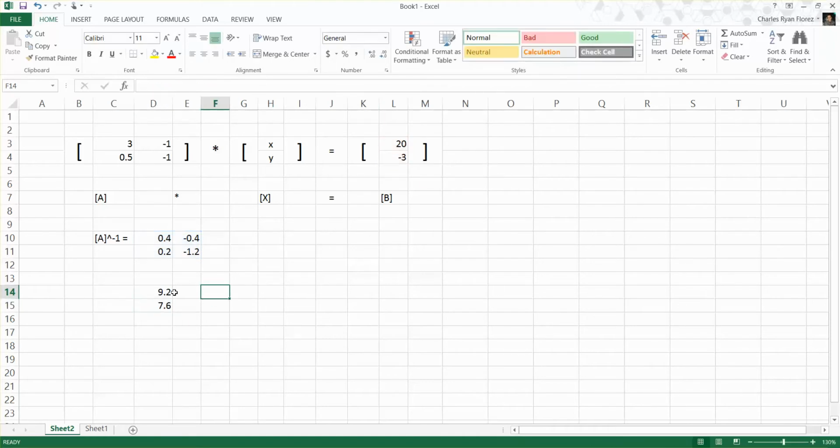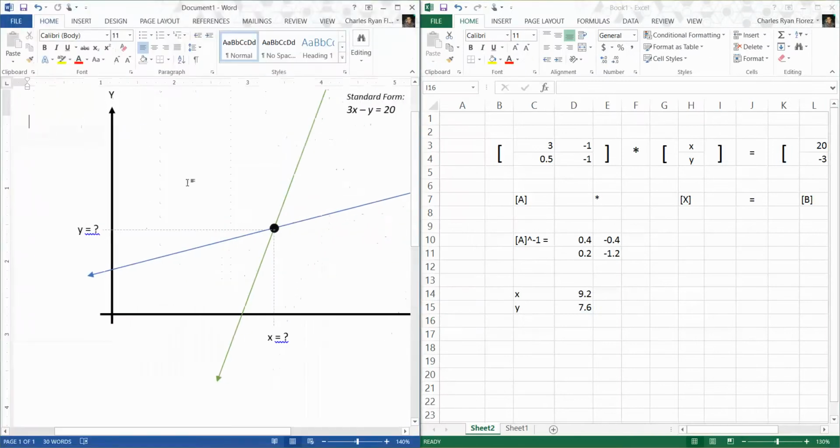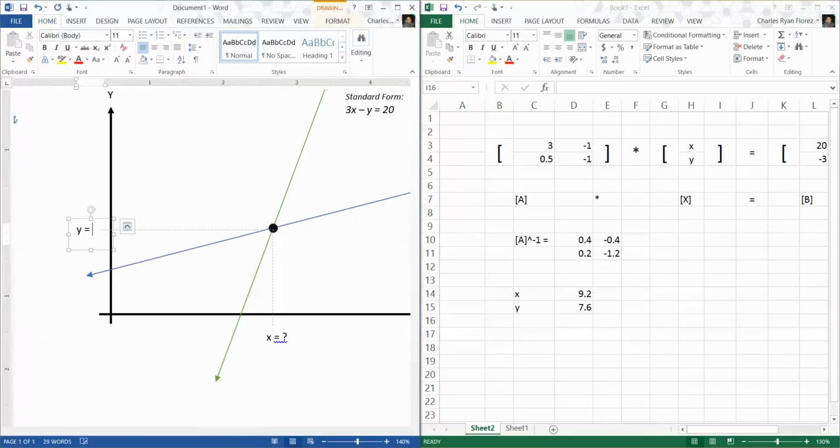So this is my solution. This first number at the very top is my x value, and this number at the bottom is my y value. So this y is equal to 7.6, and this x is equal to 9.2.